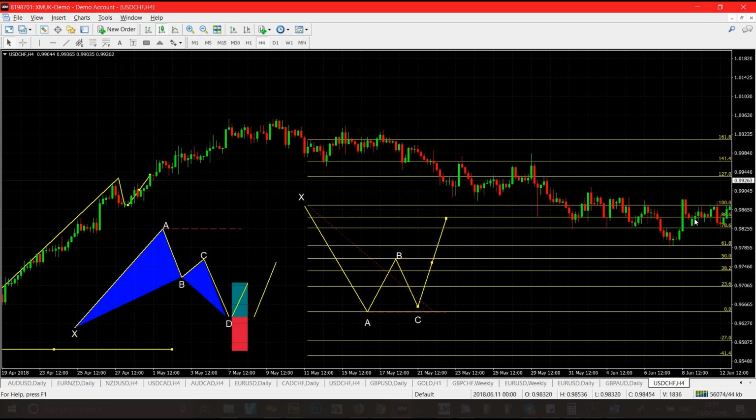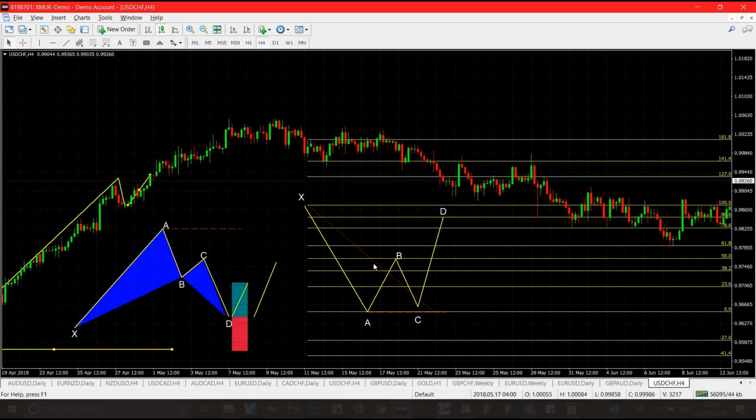You can see the 88.6. So you mustn't go lower than that. It has to stop at the 88.6 for it to be a valid path. So this is our D now.